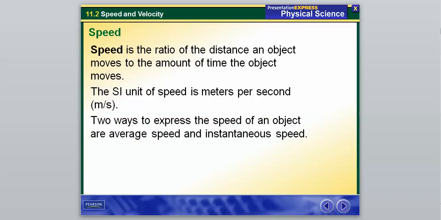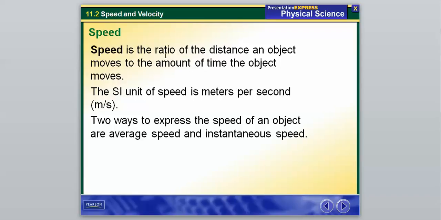Before we get to the actual difference between the two, we're going to give a general definition of what speed actually is. Speed is the ratio, so it's comparing the distance that an object moves to the amount of time the object moves. So if you move 5 meters in 10 seconds, that is why the SI unit for speed is meters per second.